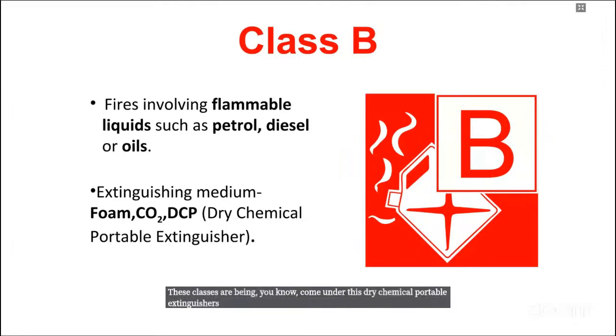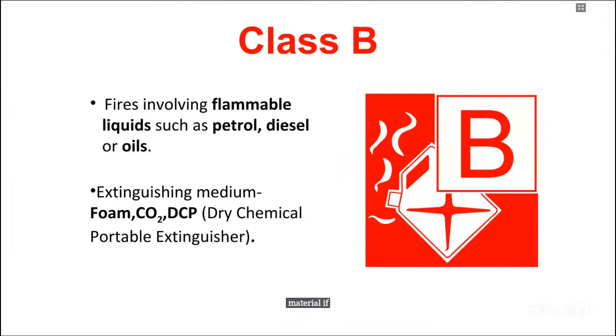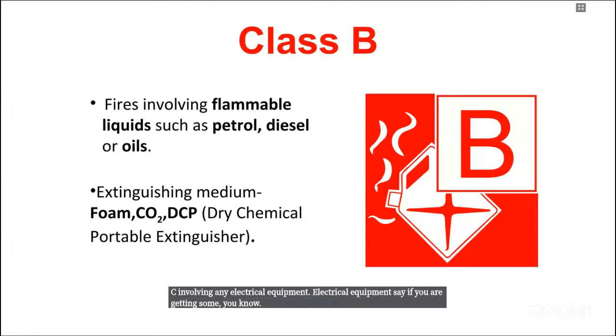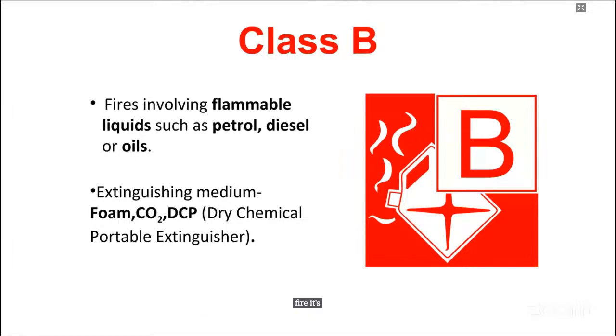Fire involving ordinary combustibles, if you say wood, or paper and fabric, it also comes in the same. B section covers flammable liquids like petrol, oil, or grease. C involves any electrical equipment. Electrical equipment, say if you are getting some fire, it comes in that. So these are some examples of where we can use these DCPs.